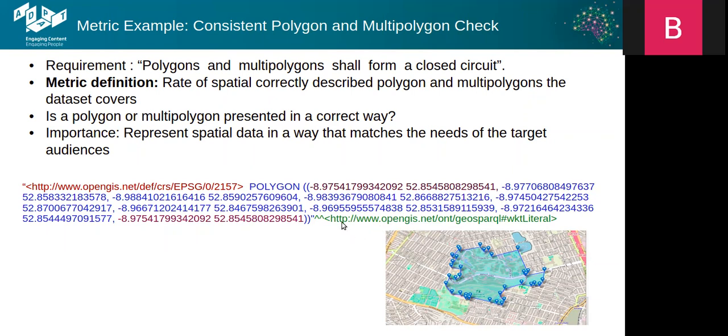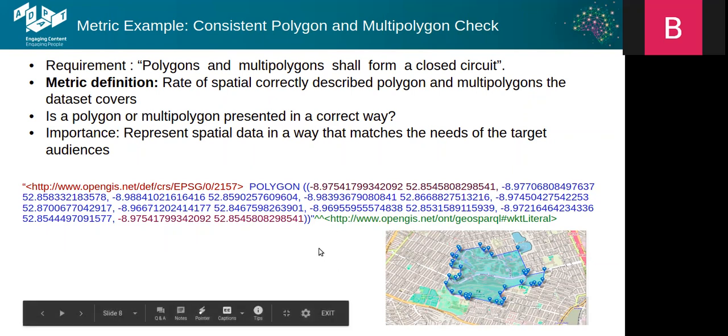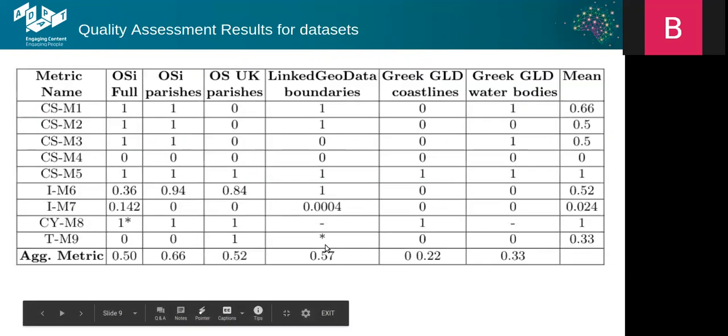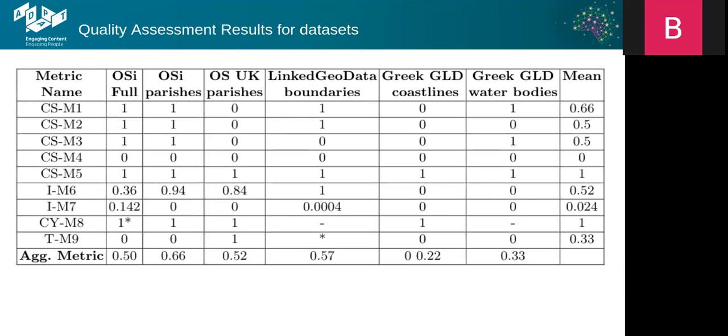So this allows us to represent spatial data in a way that matches the needs of target audiences. In this work, we assess the quality of several data sets published openly in the linked open data cloud.